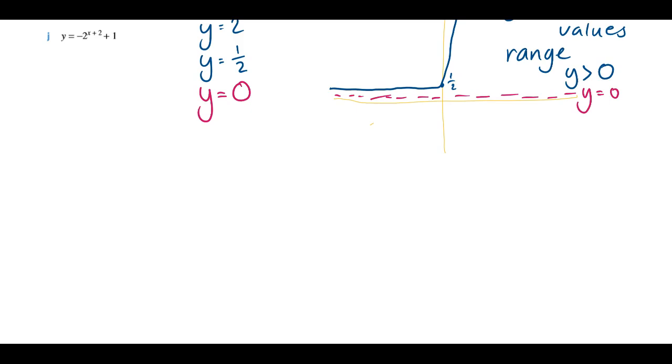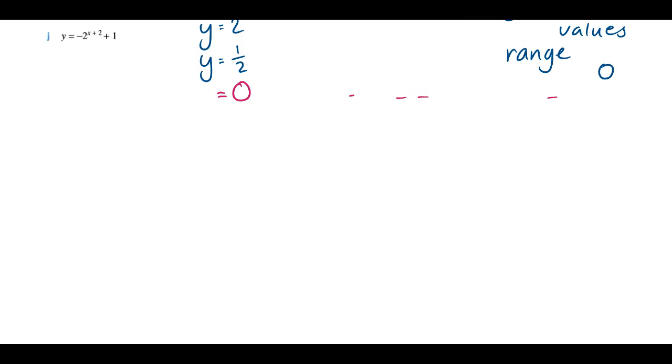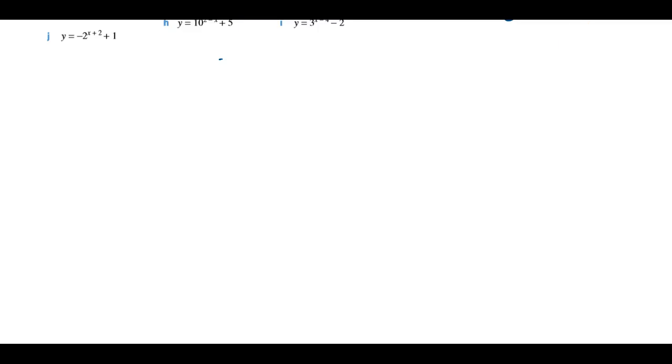Assuming that you've had a try, the first thing that we do is just find the y-intercept, and that's when x equals 0. So I'll just rewrite it: y equals minus 2 to the 0 plus 2, plus 1. 0 plus 2 is 2, so minus 2 to the 2, y equals 4.